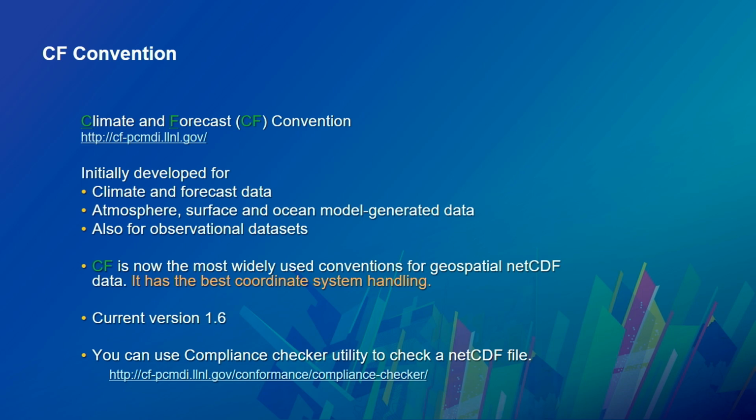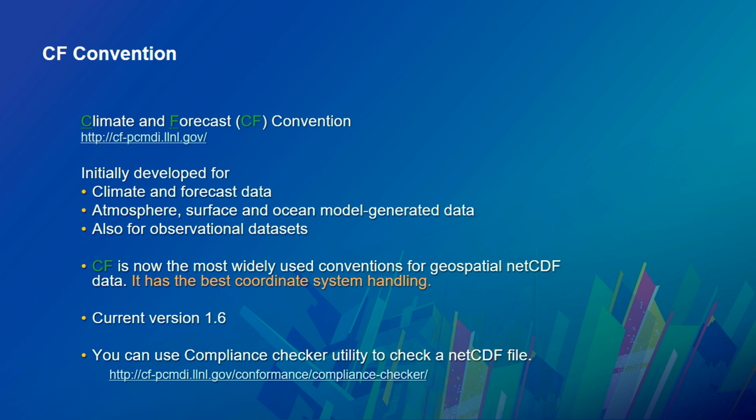Because everybody can write their own way. Now, when we are reading it, how do I know what to read? So we need some direction. We need some roadmap. And CF convention is our roadmap. So when we crack open the file, we look at it and say, this variable means this, this dimension means this, and all these things are actually defined in CF convention.